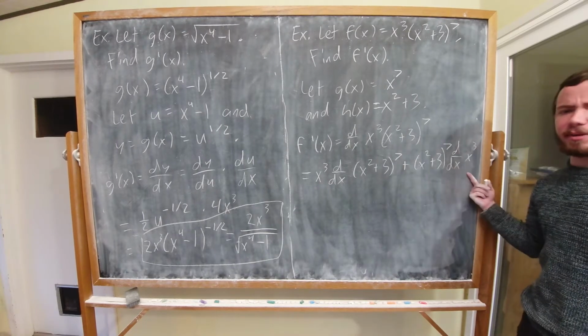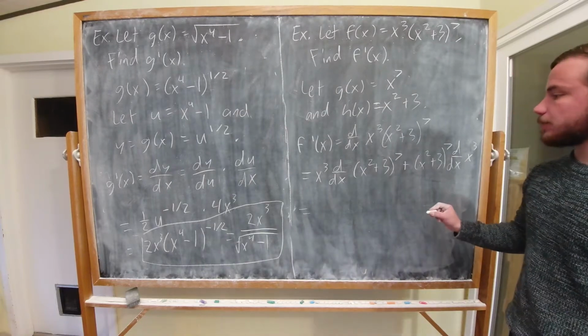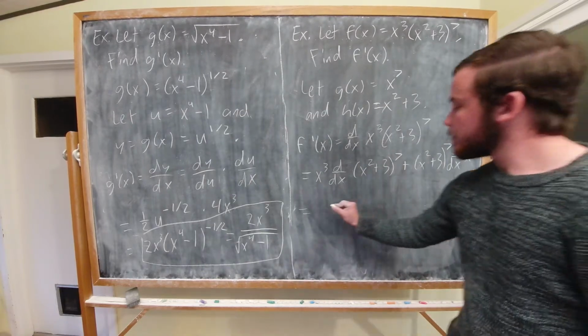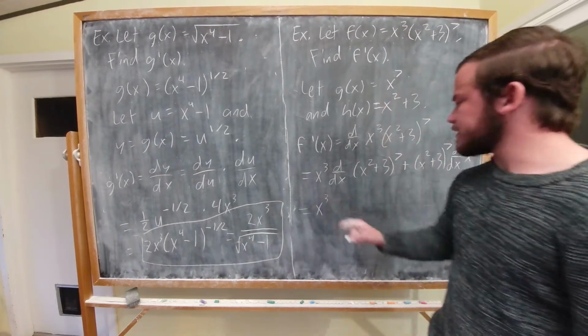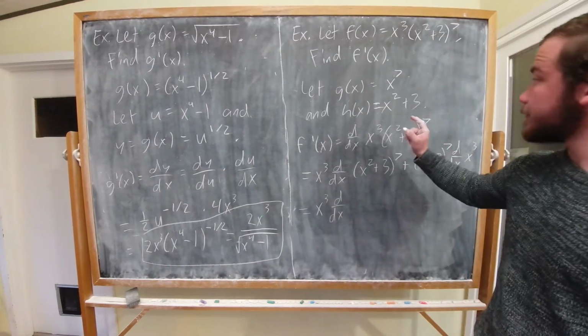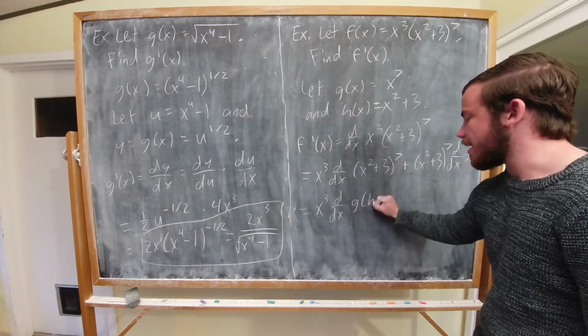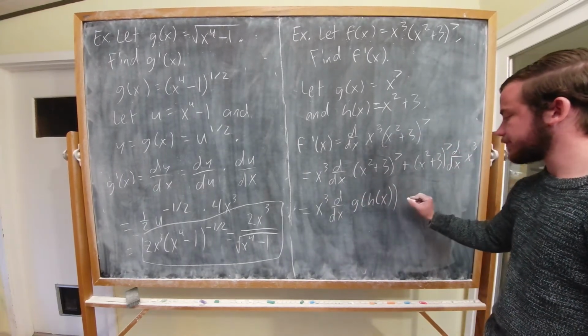And this part is going to be no trouble to compute at all. So let's say this is x cubed times the derivative with respect to x of, using our standard composition, g of h of x.